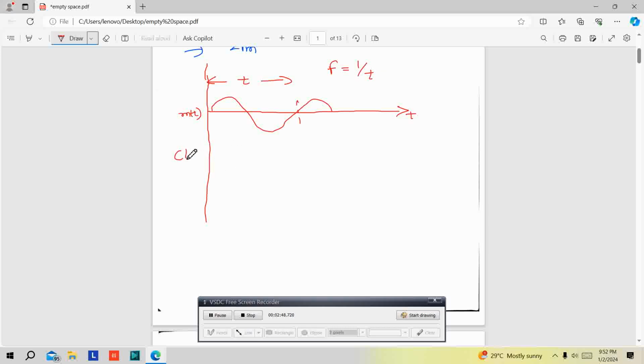Then consider a carrier signal c(t). For modulation we need two things, a message signal and a carrier signal, correct? In the last class I already explained in detail about modulation techniques, what modulation is and why it is required. A carrier is a high frequency signal which carries the message signal from one place to another.